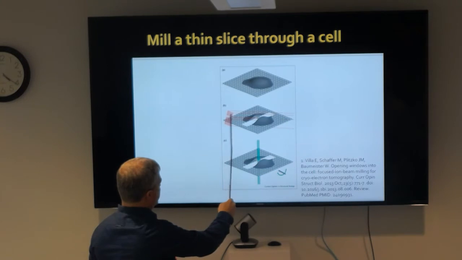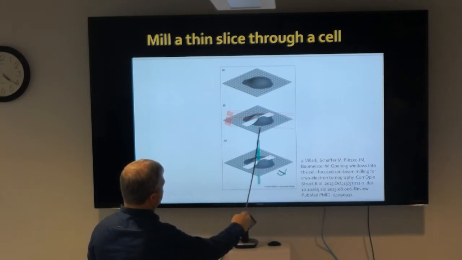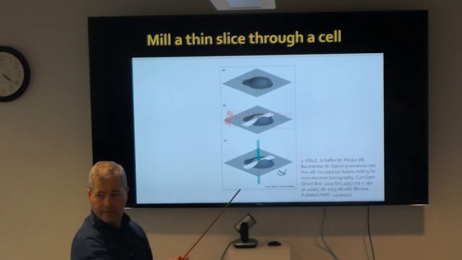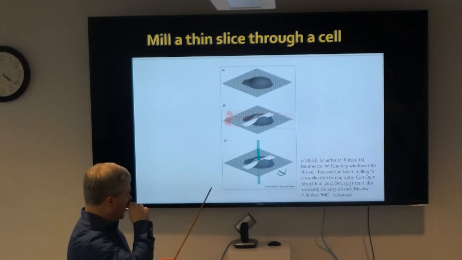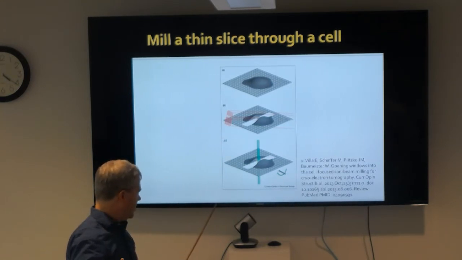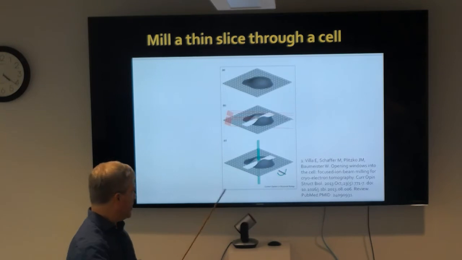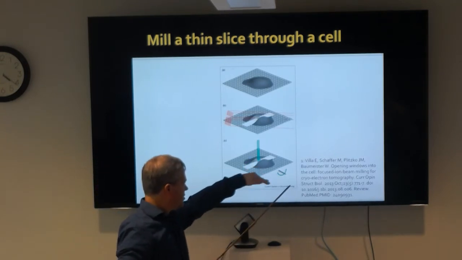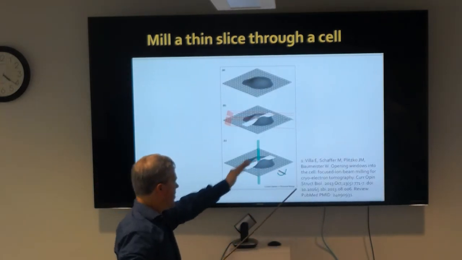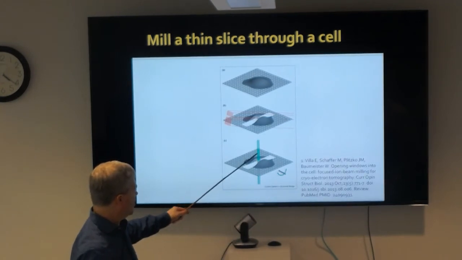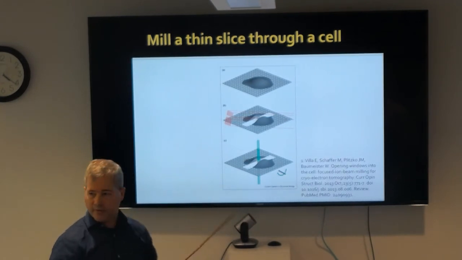So you use the ion beam to cut above and below, and leave just this thin slice of cell, put that back into a TEM, and then do cryotomography of that. You would tilt along this axis so that these walls don't get in the way, but you can then get a 3D reconstruction of what's in the middle of the cell.